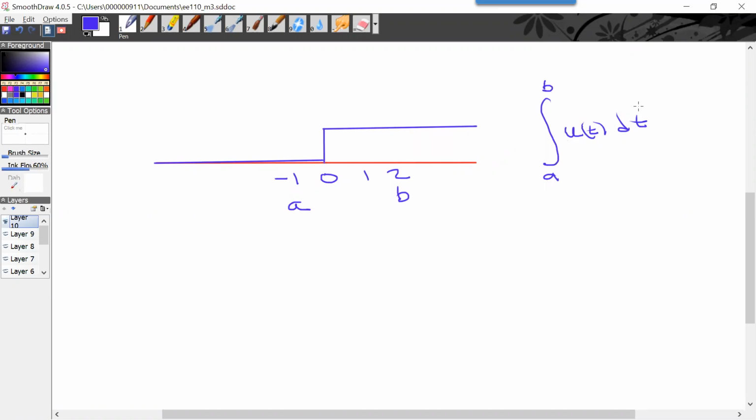Okay, that's the problem we're trying to solve. A equals -1, B equals 2.